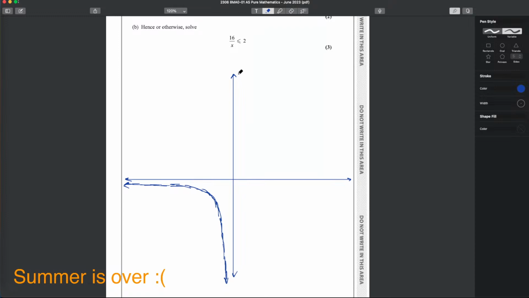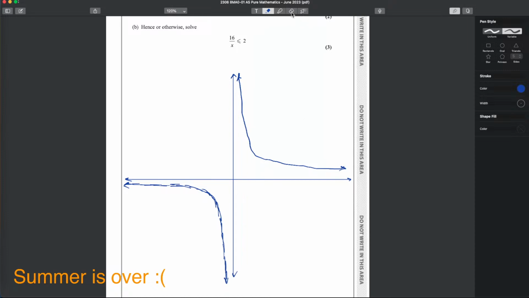It's a spot on my tablet maybe that's going a bit funny. Oh, whatever. I don't know what's going on with my pen.